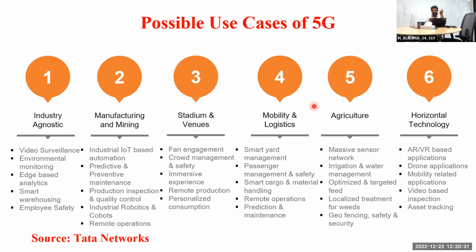He will switch on the motor from the app. After some time, the drone again flies and says, okay, everything is covered, just switch off. He will switch off. That's how they are going, okay? Even now it's happening. And horizontal technology, for example, augmented reality, virtual reality, and drone applications, and so on.